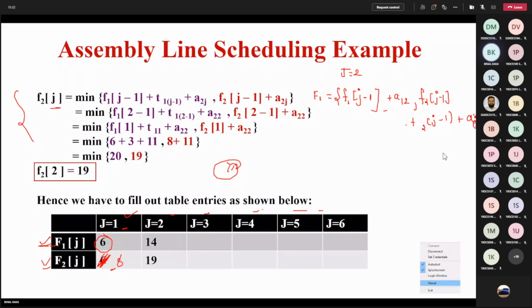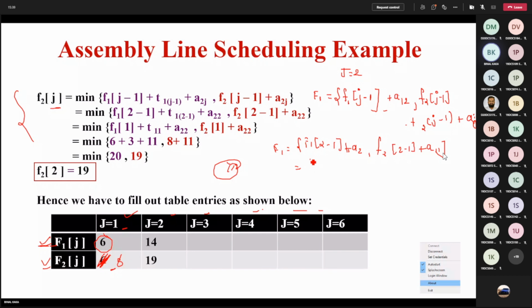What is f of j minus 1? It is f of 2 minus 1. So I'll fill the values over here. So I can write f1 of 2 minus 1, j value is 1, plus a of 1 2, comma f2 of 2 minus 1 plus a of 1 1.